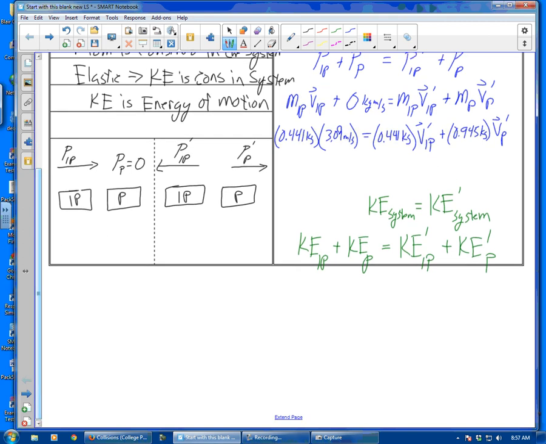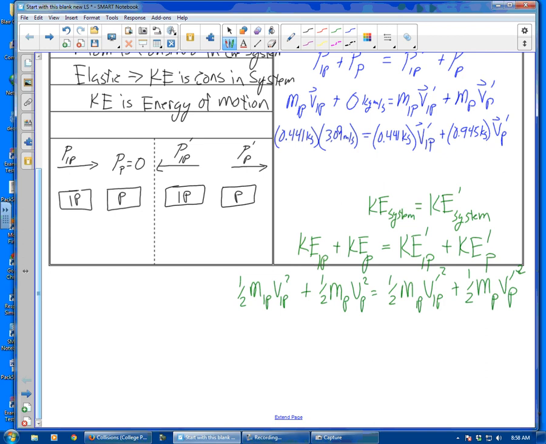So, substituting in, I'd have 1/2 inertia of the ice puck, speed of the ice puck squared, plus 1/2 inertia of the puck, speed of the puck squared, equals 1/2 inertia of the ice puck, new velocity of the ice puck squared, plus 1/2 inertia of the puck, new velocity of the puck squared. Kind of a scary looking equation.